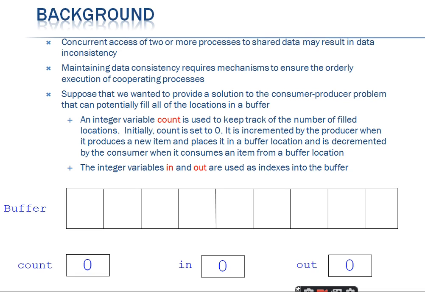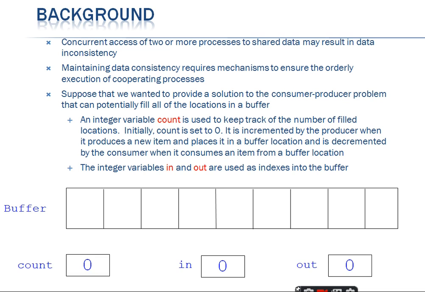An integer variable labeled count is used to keep track of the number of filled locations in the buffer. Here the buffer is shown, which has empty spaces right now. We are using the variable count to keep track of the filled locations in the buffer area.